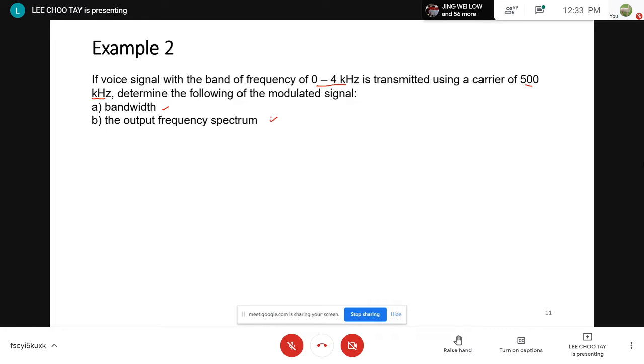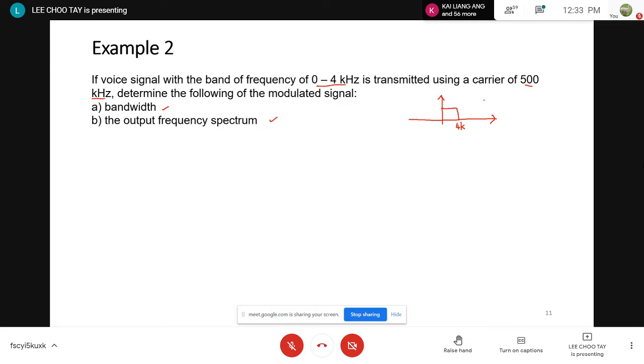All right, so what this means is I have a signal with band frequency 0 to 4 kilohertz. That means as far as my baseband signal is concerned, I have 0 all the way up to 4 kilohertz.